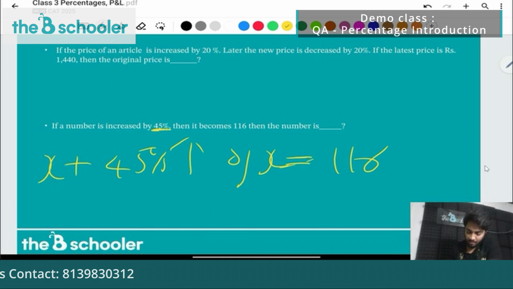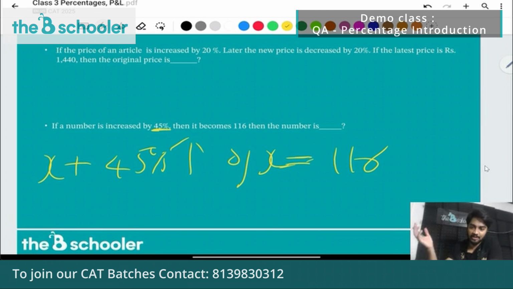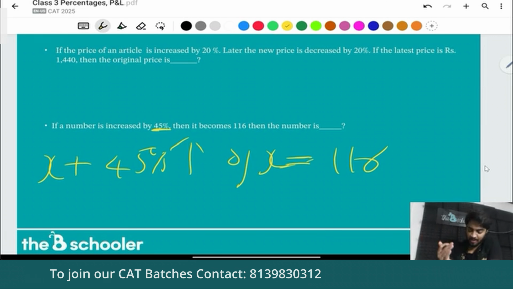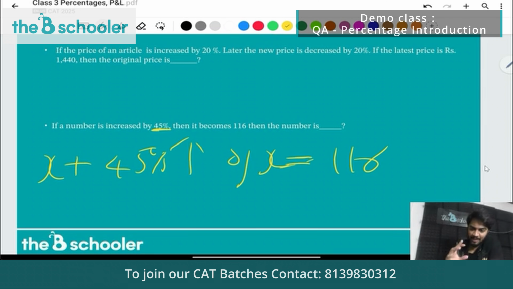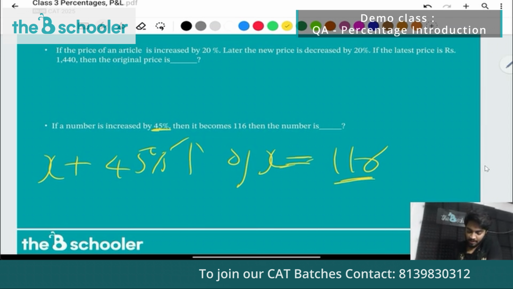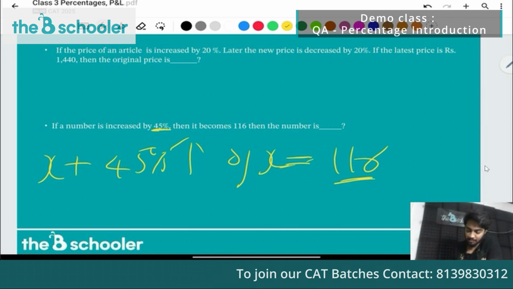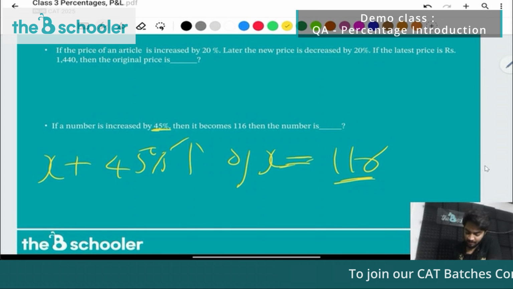But if I were to do this without touching pen, I'll just do trial and error. I'll take 100, increase it, it becomes 145. So I know the initial value is less than 100. So now I can take 80, and 80 plus 50 percentage will be 120, that is somewhere close to this. So again I'll try 45 percentage, it comes to 116. But I would suggest doing the normal way itself, basic calculation itself, to be effective here.